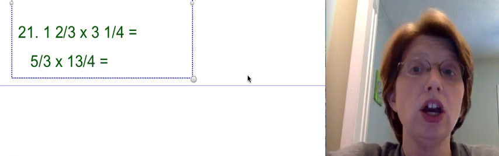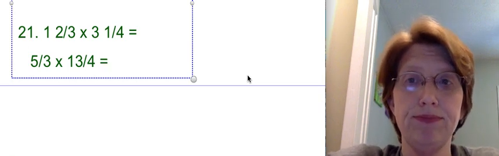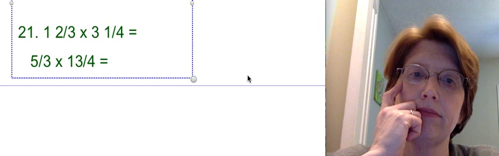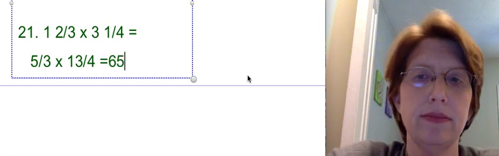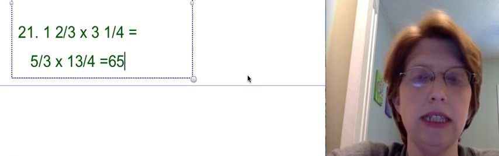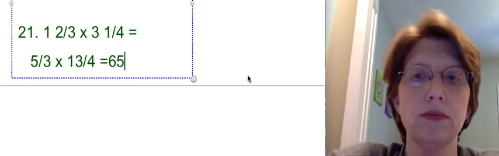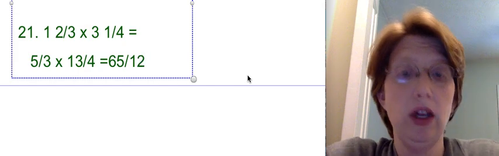Multiply straight across. 5 times 13. 65, right? Is that what you got? 65 over 3 times 4 is 12.